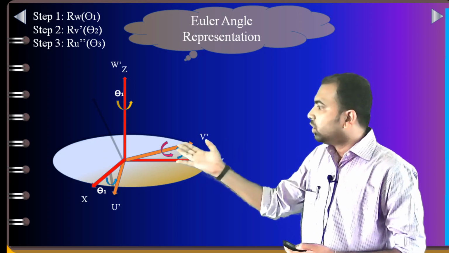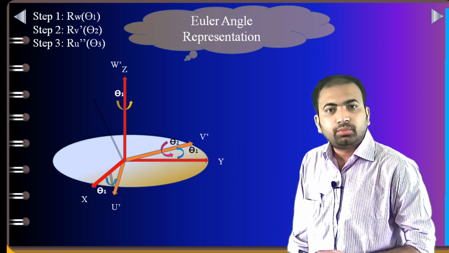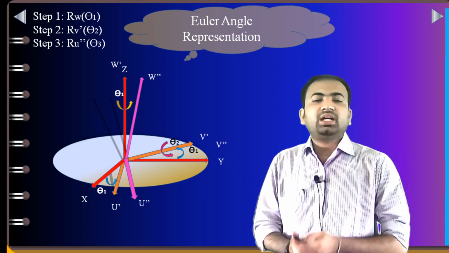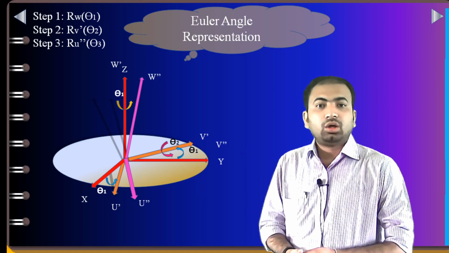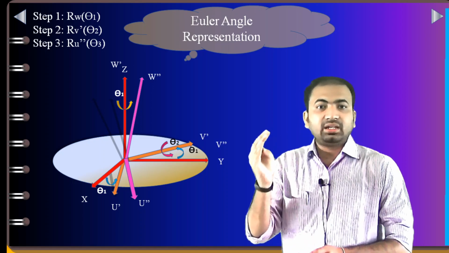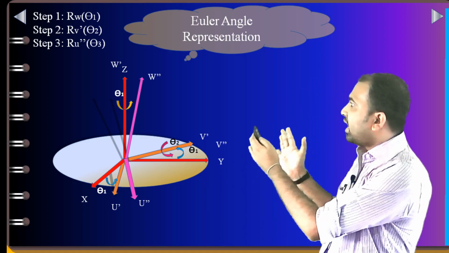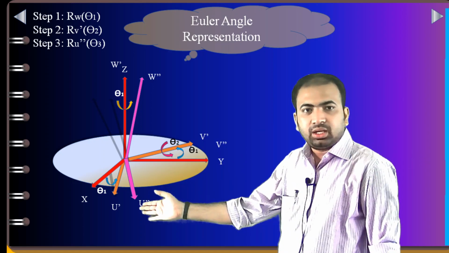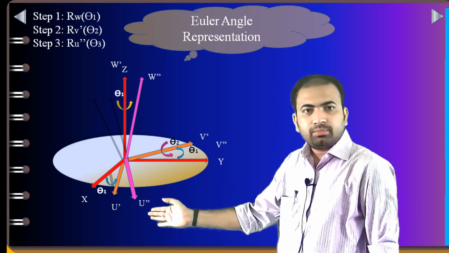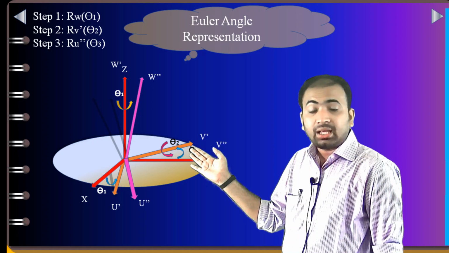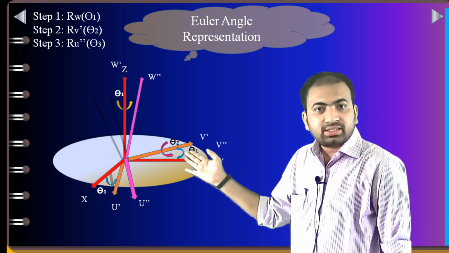We rotate it by some angle theta 2 as I have said, and then the new orientation of u double dash, v double dash and w double dash is as shown here. U double dash, you can see, will move from here to here. V double dash will be in the same place only, as we have rotated only about this axis.